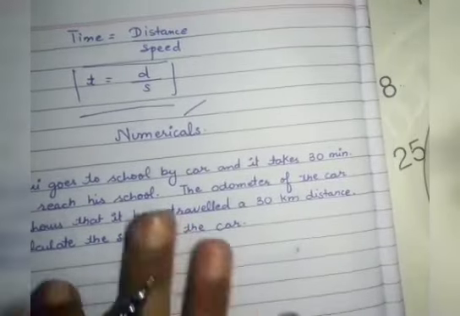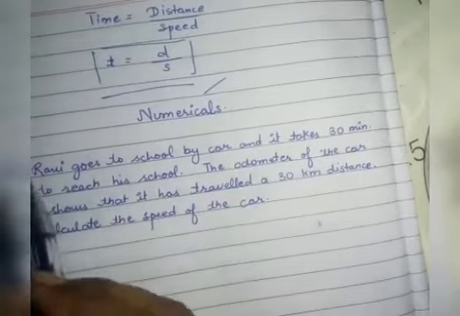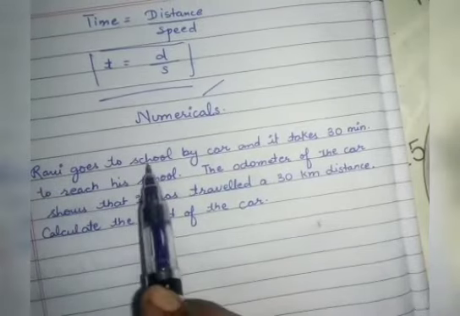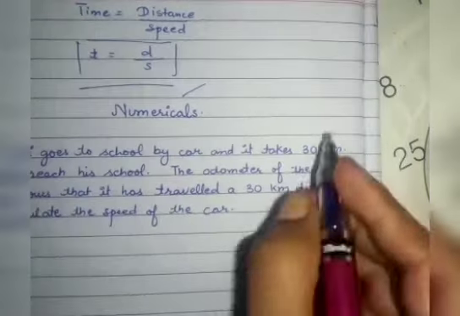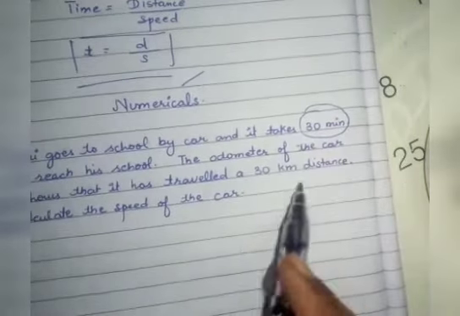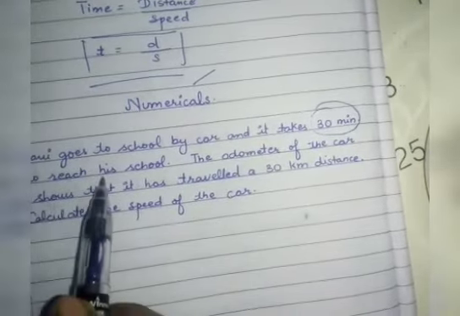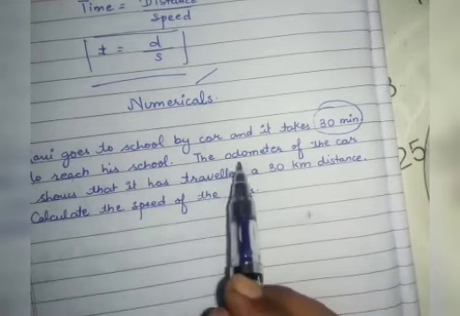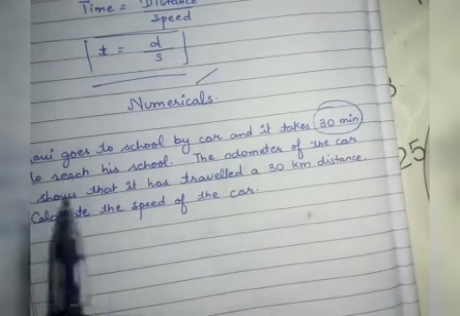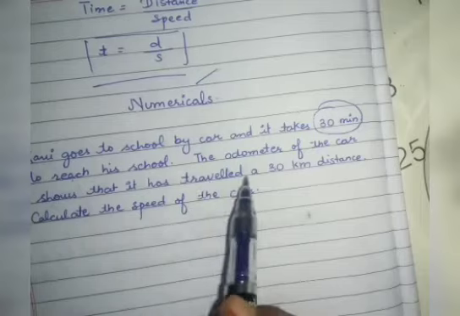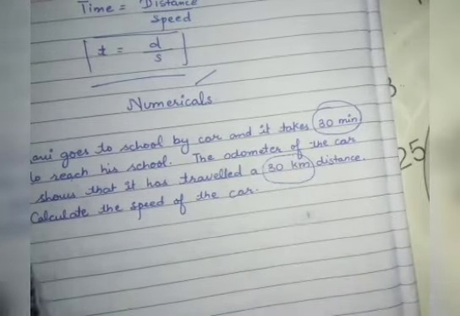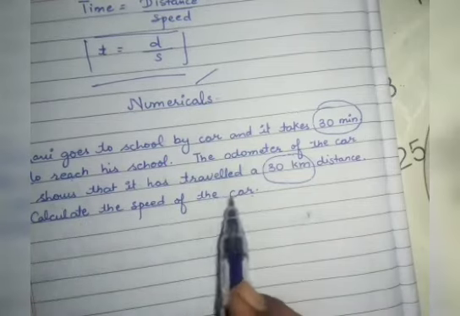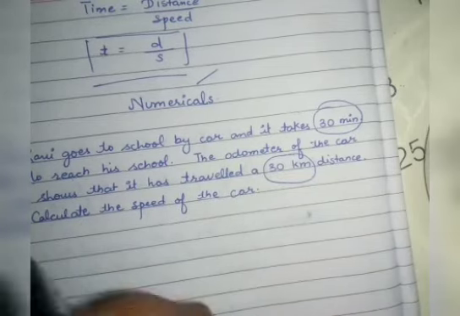Now numerical. First example: Ravi goes to school by car and it takes 30 minutes to reach his school. The odometer of the car shows that it has travelled a 30 kilometer distance. Calculate the speed of the car.